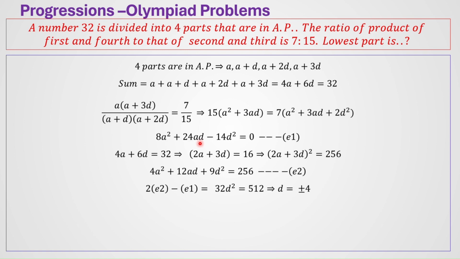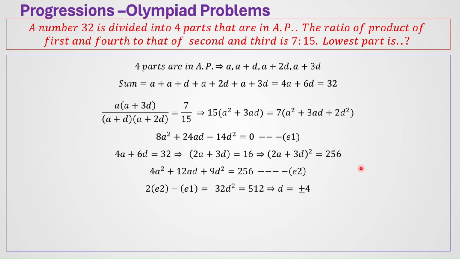So 2E2 minus E1 will give us 32D square. If you see, the first two terms of E1 get cancelled, that's why I did the square. 32D square equal to 512, or D equal to plus or minus 4.